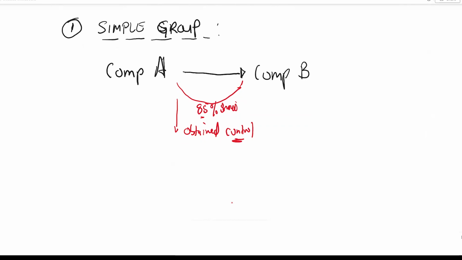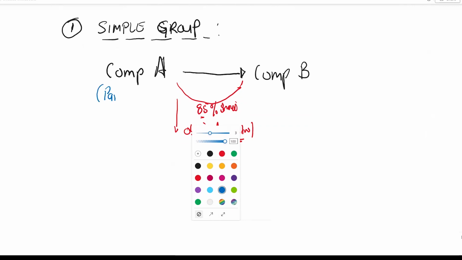So what happens then? So this type of company is then called, trying to get a better color, but anyway, it's fine. Okay, let me get blue. So this company, because they have obtained control in company B, this is referred to as the parent company. And this one, from which control is obtained, is referred to as a subsidiary.